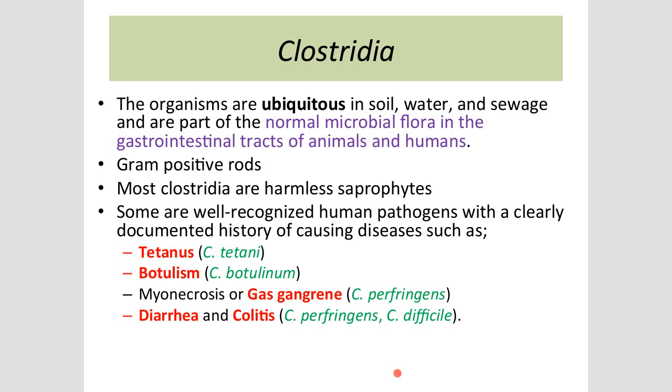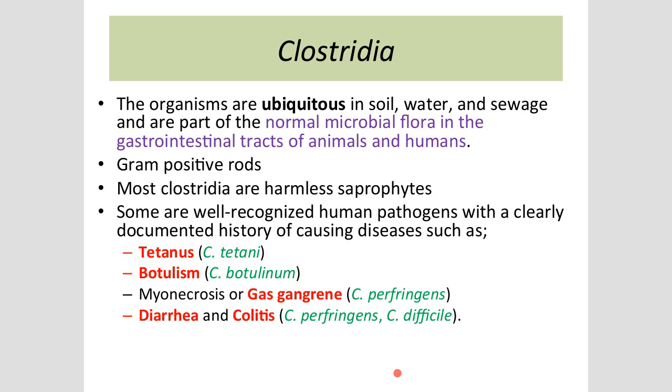Clostridia as a family, remember we started with the bigger family. They are ubiquitous, meaning they are present everywhere. They are in soil, water, sewage, and the interesting part, as I've been trying to emphasize over and over again, is that they are part of normal microbial flora in the gastrointestinal tract of animals and humans.